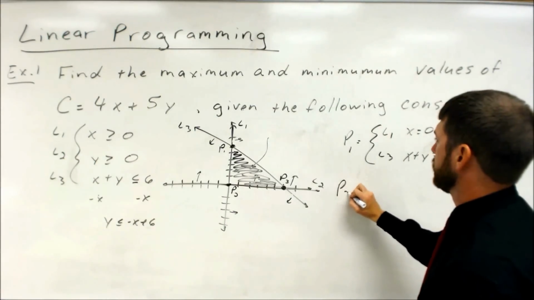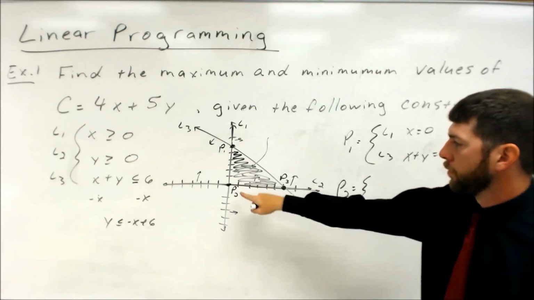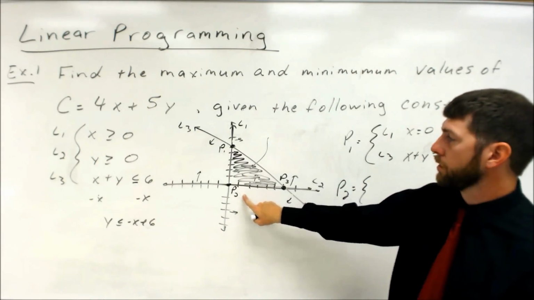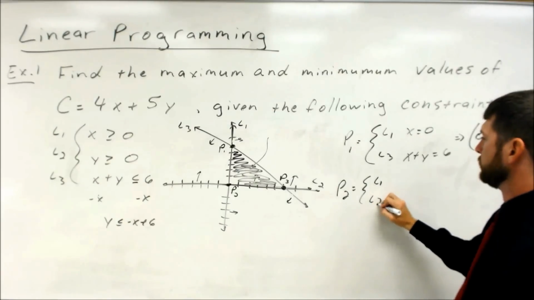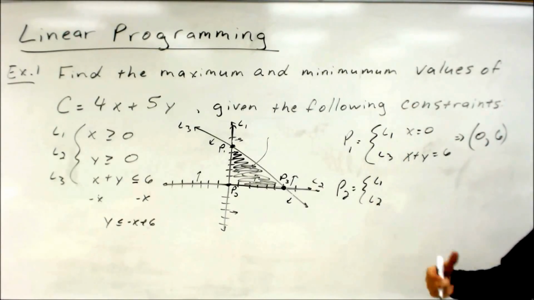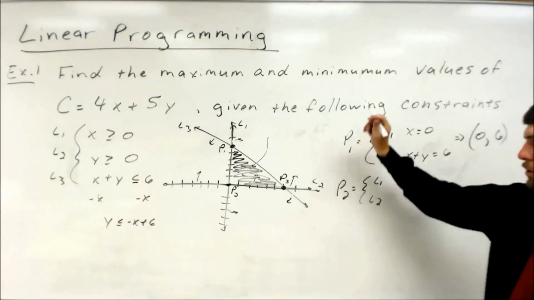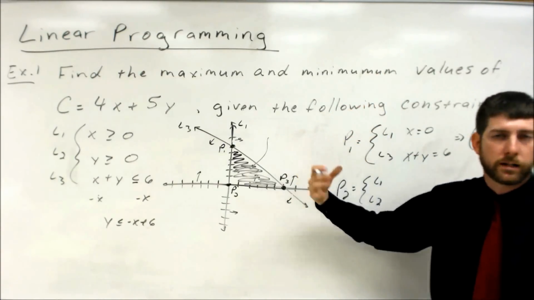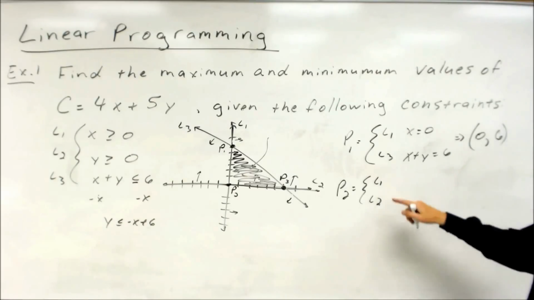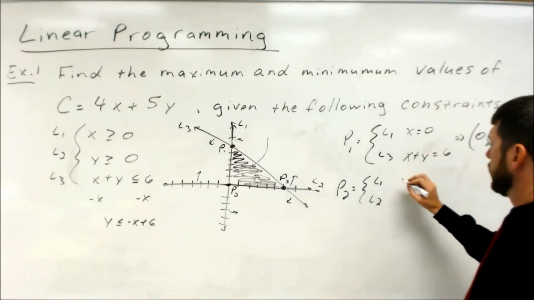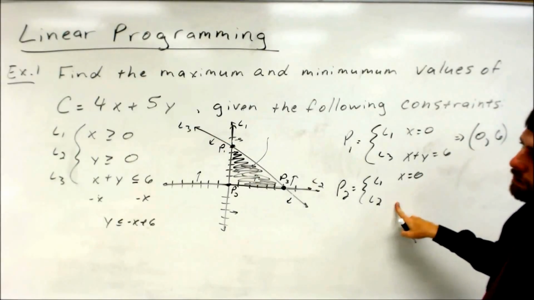Let's look at point 2. Point 2 is the intersection of which two lines? Line 1 and line 2. Now, I know we're writing a lot of stuff. It's very important to keep this organized so you get the correct lines intersecting and you get all your information in the correct order. So again, line 1, x equals 0.